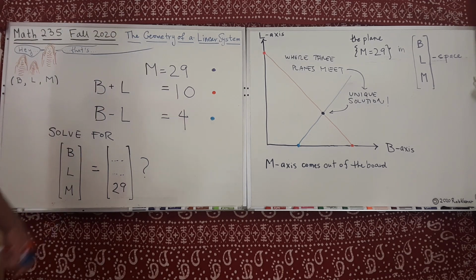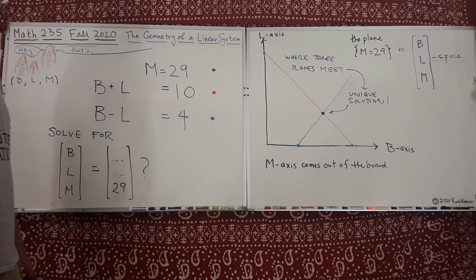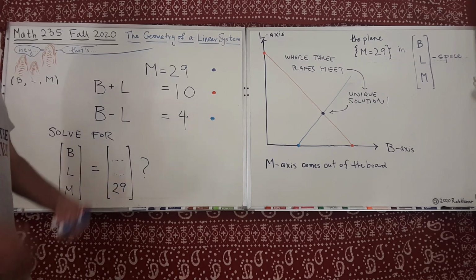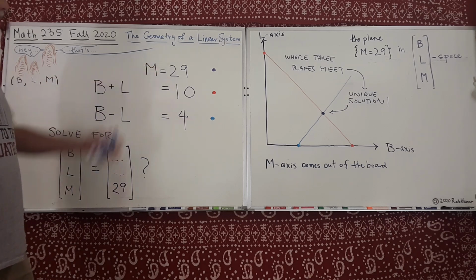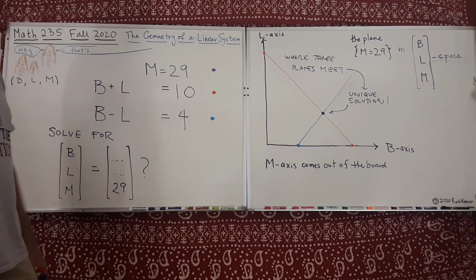Now, I'd like you to think about this till we meet next time: what other possibilities might happen? What are the other possibilities for the set of solutions? Sometimes you might not have any solutions. What's that situation with the planes that define the system? Sometimes you might have infinitely many solutions.